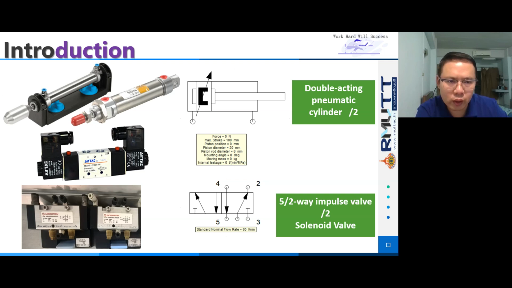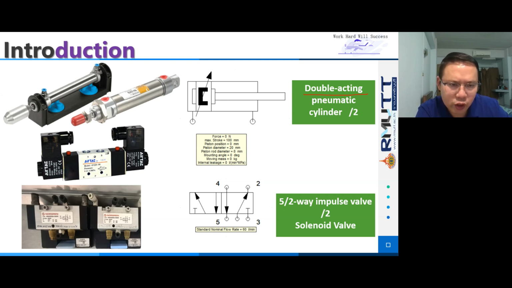As shown in the chart, here are two components for the control system. One is the double action pneumatic cylinder.